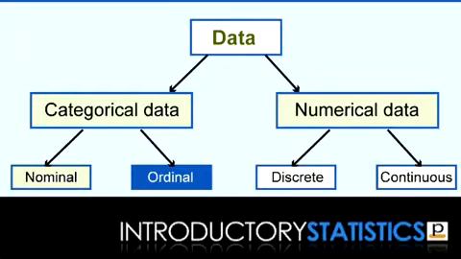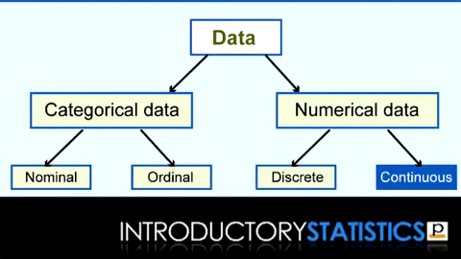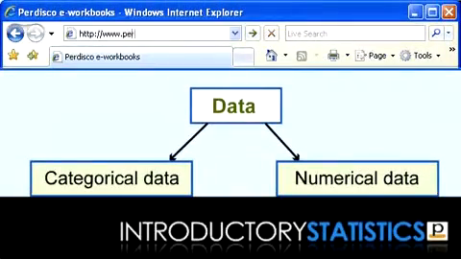And numerical data can be measured for a discrete variable, which means the different values are countable and counted out, or it can be measured for a continuous variable, which means that the different values exist on an ordered continuous spectrum.